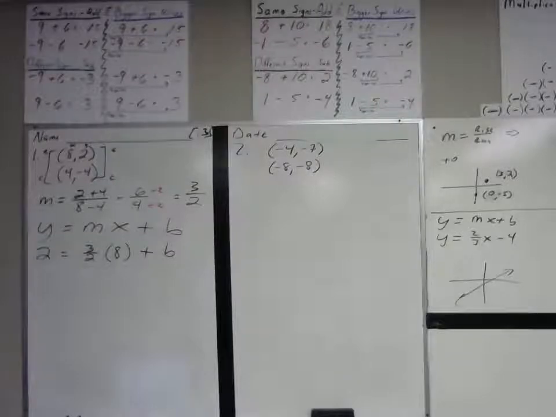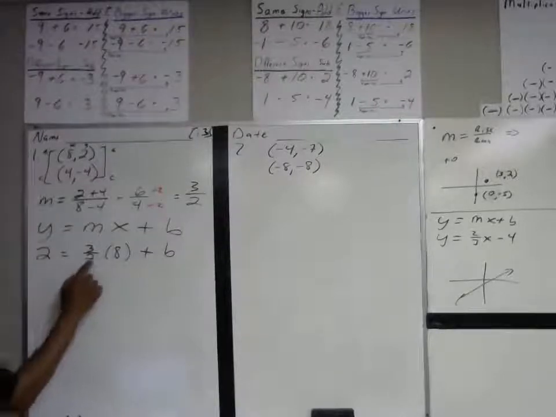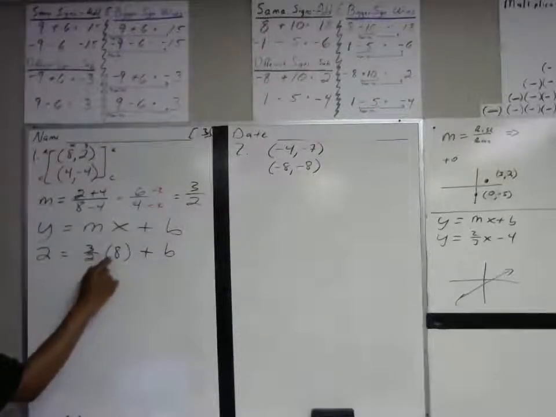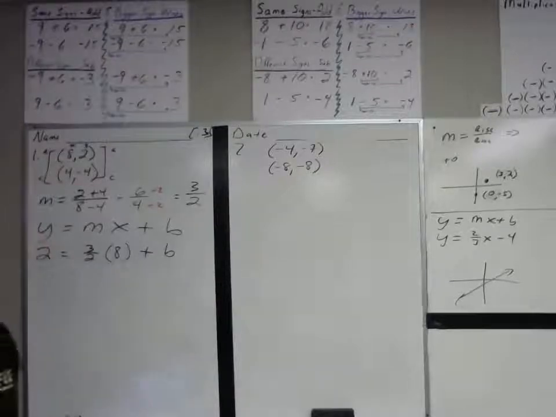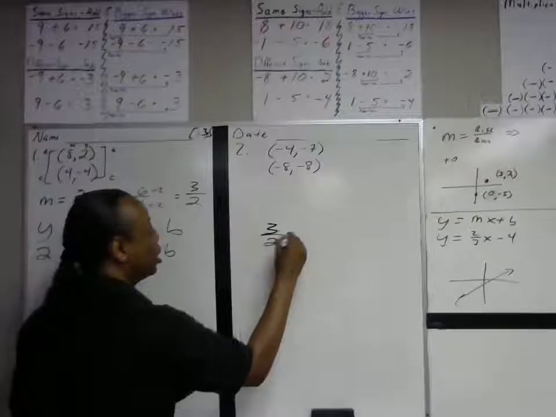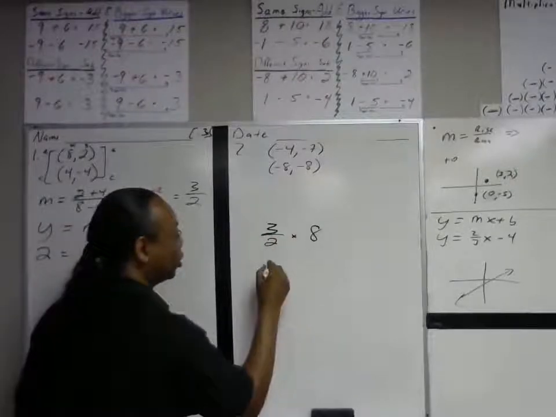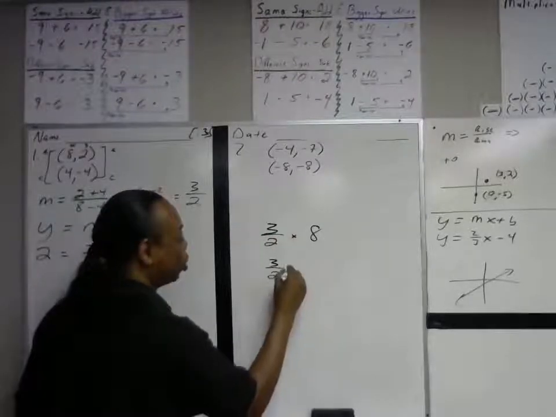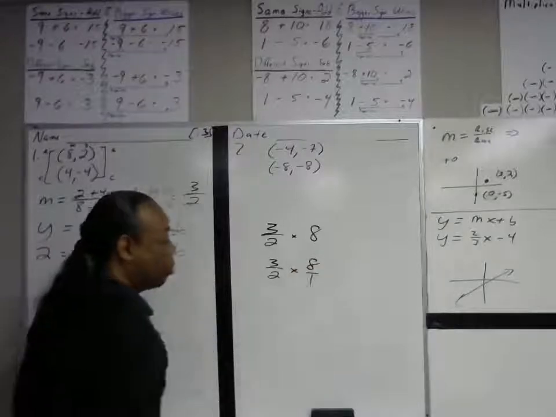All right, now let's deal with fractions. How do you multiply a 3/2 times an 8? Well, let me write that off to the side. 3/2 times an 8 is the same thing as 3/2 times 8/1.